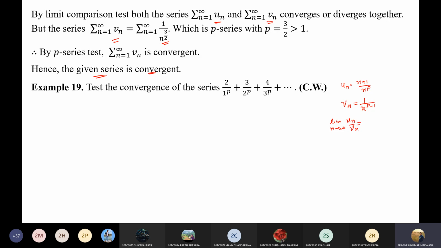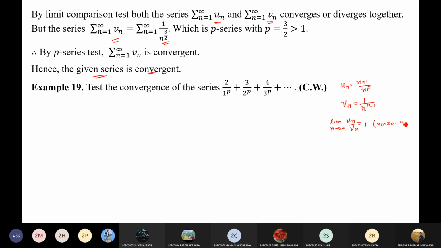Now check the value of limit n tends to infinity un upon vn. Sir, the answer is 1. Very good. So that is non-zero and finite.